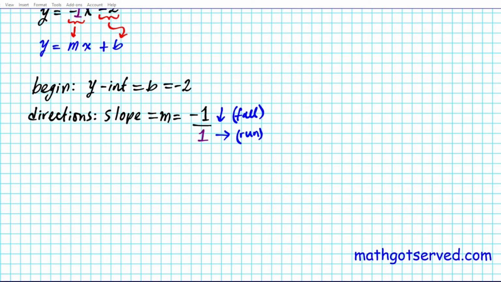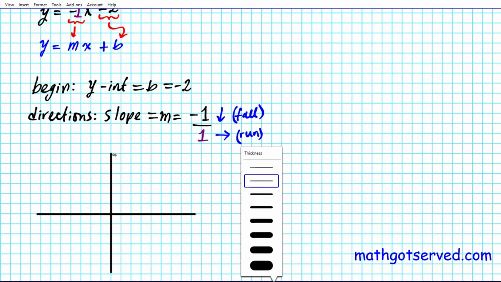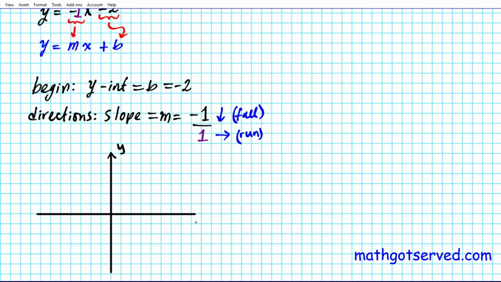Let's use this information to graph our line. We create our coordinate system and label our axes. This is the y-axis and this is the x-axis. Now when we're graphing, we need only 2 points. We always begin with the y-intercept.